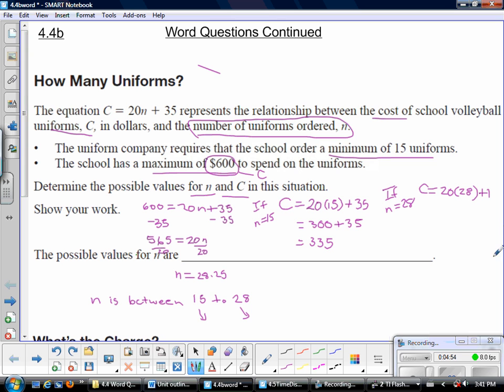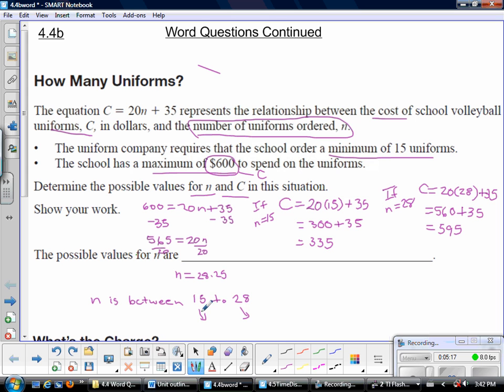Oops. Every time I get too close to the end, it doesn't want to write for me. So we have 560, so 560 plus 35. And again, you can use your calculator for some of these questions. So that's going to be $595, okay, which is less than 600, which it needs to be.